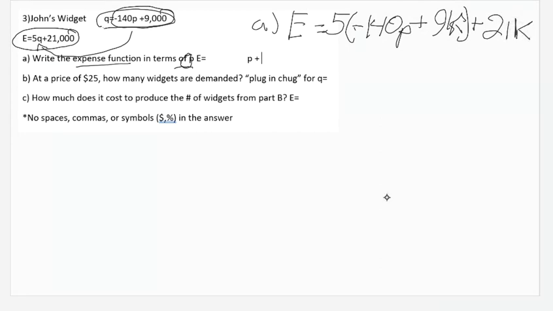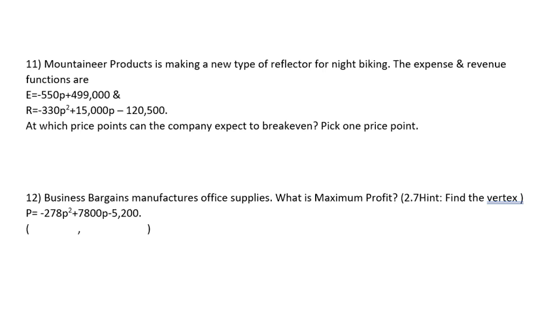Remember, we have to do our distributive property, so I'm going to have to multiply. E is equal to, and we multiply, so negative 140.